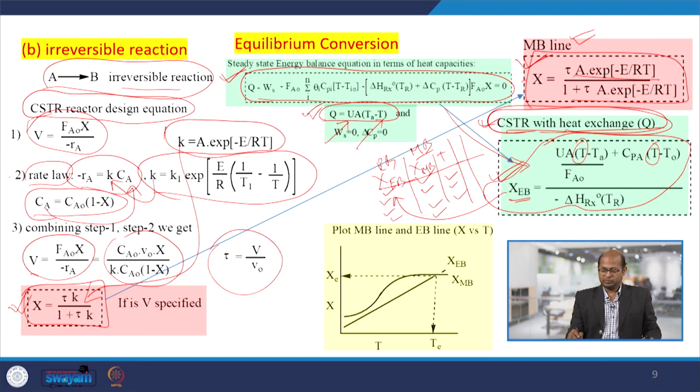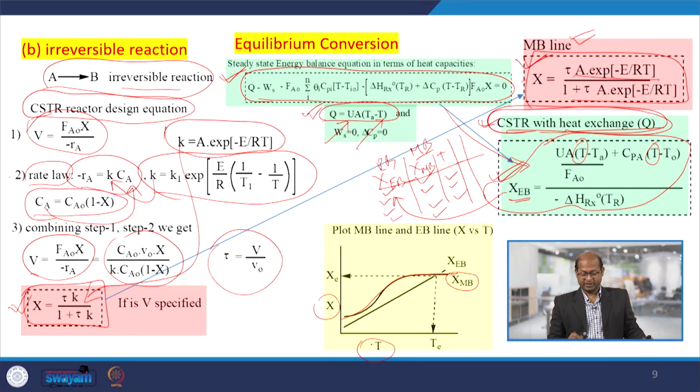Now, from these tables, if we plot temperature on the x axis and conversion on the y axis, from the material balance it would be like this. Conversions and temperatures from this table, these data points, if we plot, would be like this, and from the energy balance equation these data points, if we plot, would be like this. This is the energy balance line and this is the material balance line; both cross at this particular point.